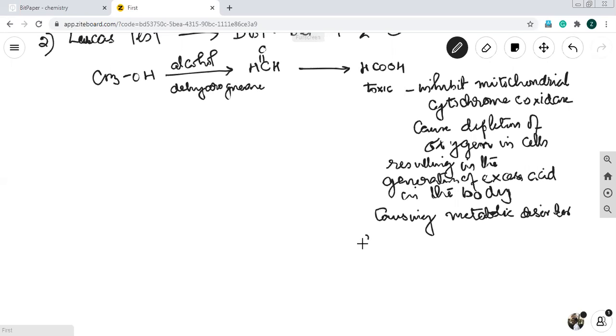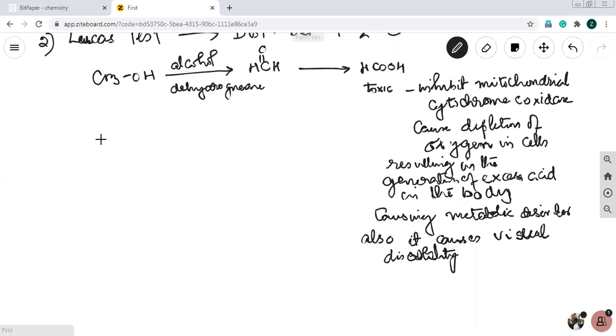And also it causes visual disability. What is meant by visual disability? Your eyesight will be lost. Okay. So this is the effect of methanol poisoning. Okay. Right.